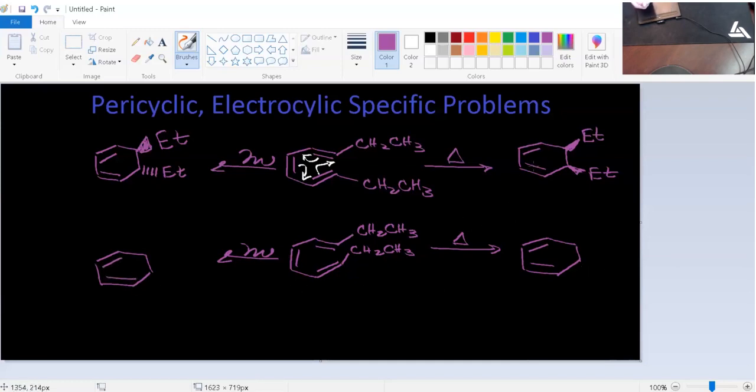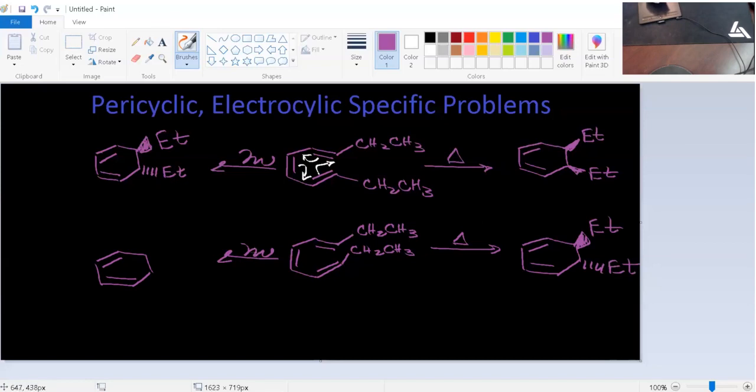And we can kind of go look and see that the ethyl groups on the previous problem were doing the same thing, and under thermal conditions, we got them doing the same thing. And so over here, with our ethyl groups doing opposite things, we should expect them to give opposite results. So we can guess this is going to be our product for that.